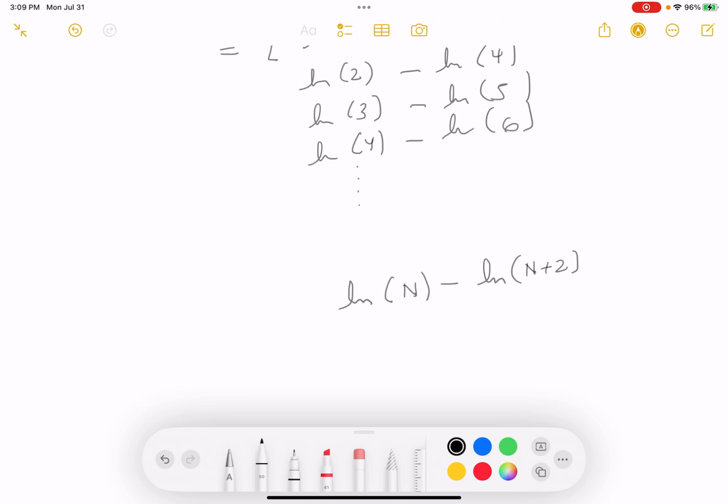I want to go backwards. And to go backwards, I'm going to say ln big N minus 1 minus ln big N plus 1. Go backwards once again: ln N minus 2 minus ln of N, then, right?